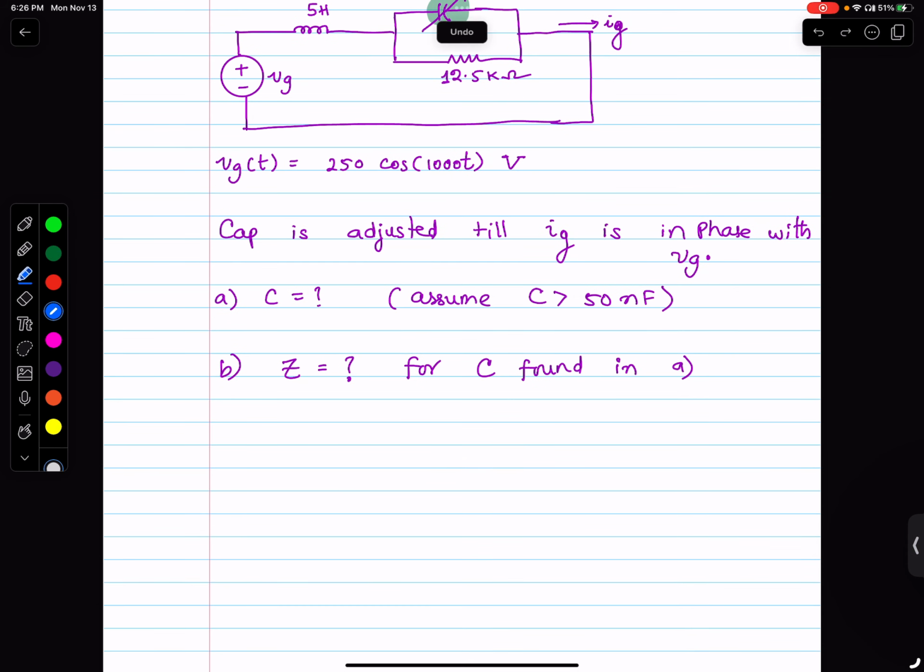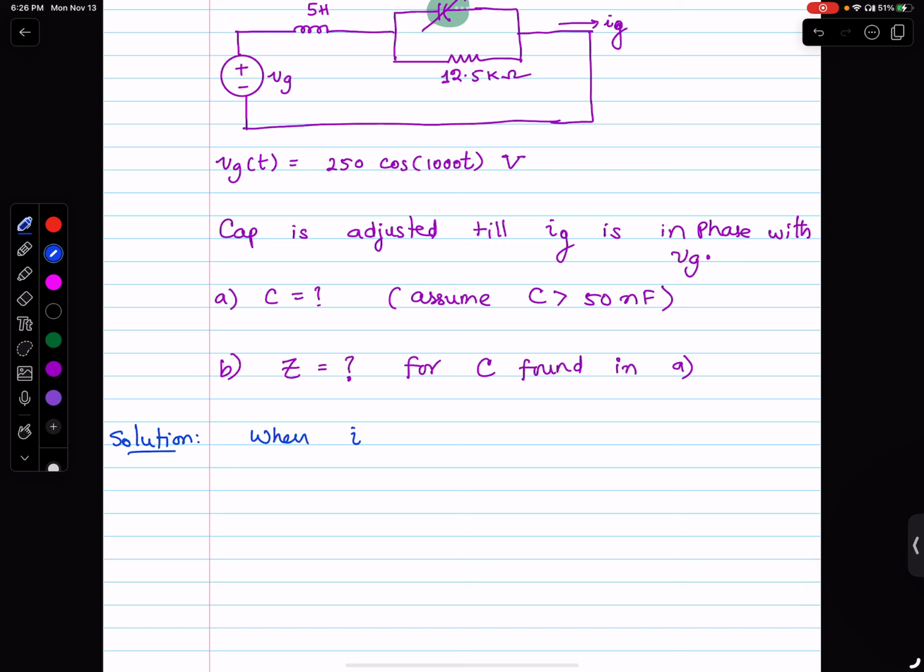Actually, solution. When the current is in phase with voltage, this implies that the circuit is purely resistive.